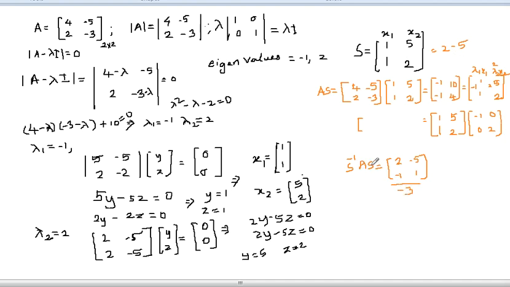Then what is AS? Let's write AS. Already we have multiplied and obtained this matrix. This is our AS. So it is minus 1, 10 and minus 1, 4.